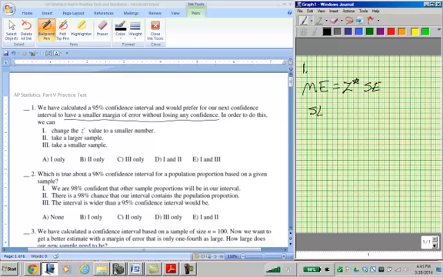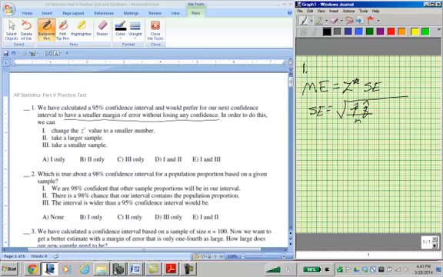The standard error equals the square root of P hat Q hat over N, the sample statistic times its complement divided by the sample size, N.